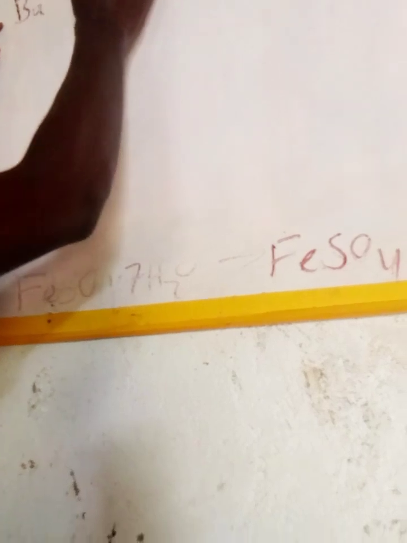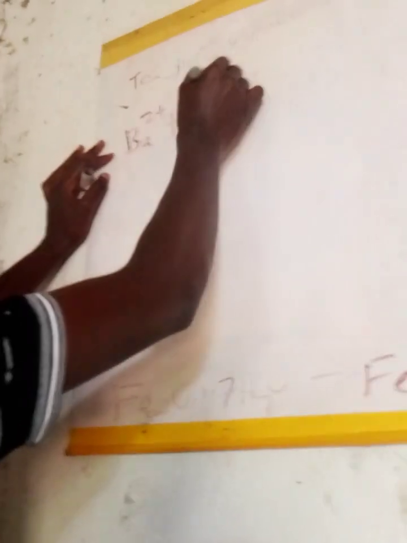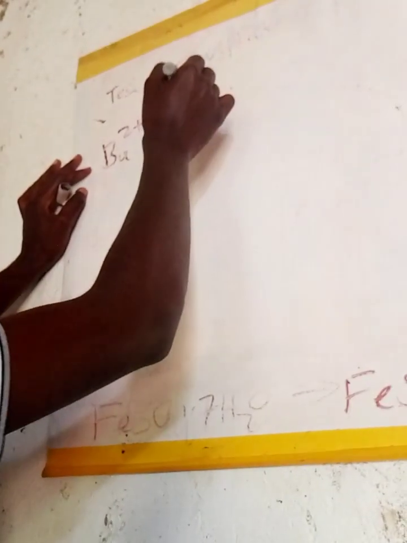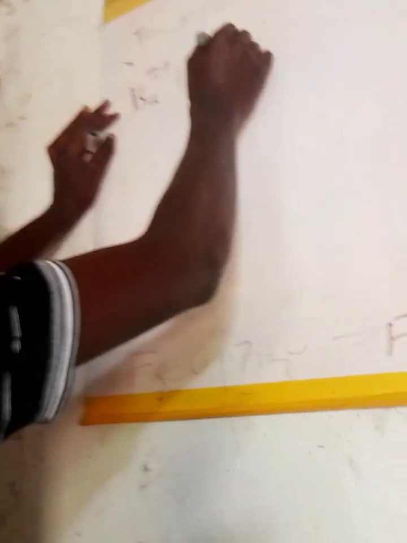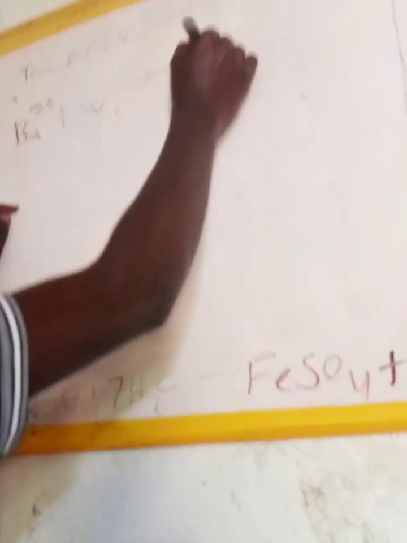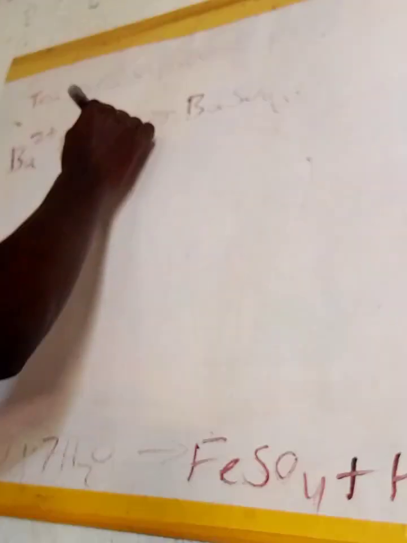Barium ion plus sulfate ion gives barium sulfate, which is a white precipitate. So this is what I'm talking about.